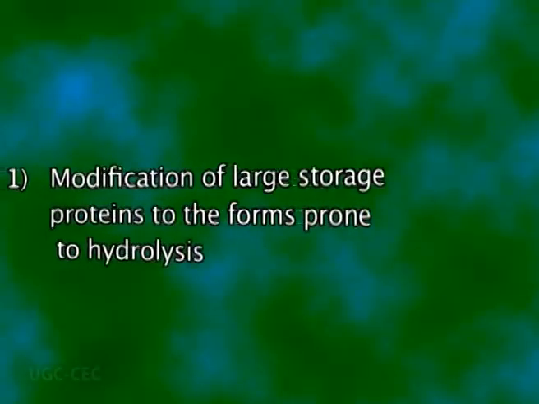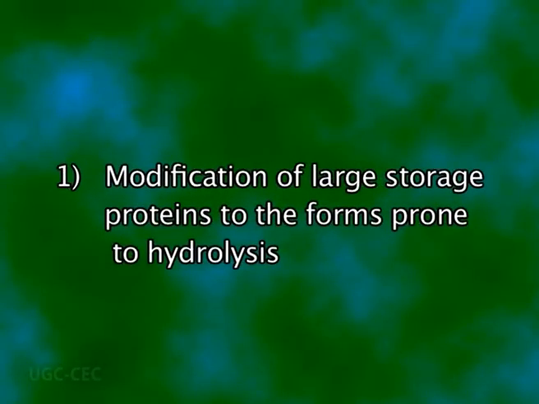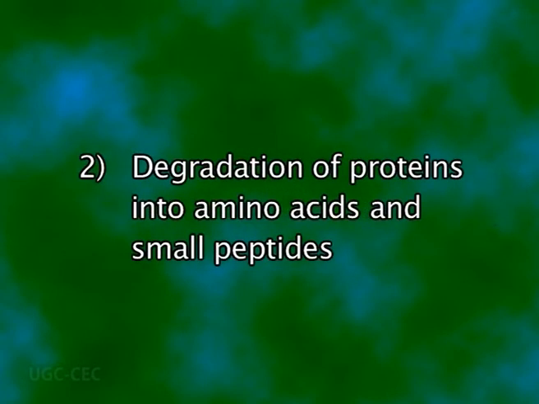The hydrolytic activity of dicotyledonous seeds involves two steps. Number one, there occurs modification of large storage proteins to forms that are prone to hydrolysis, and second, degradation of the proteins into amino acids and small peptides.